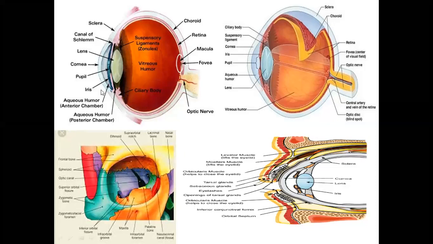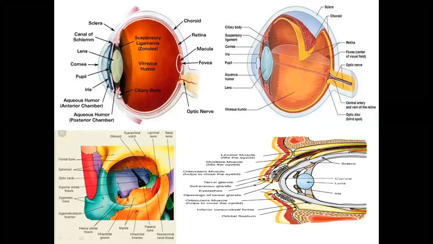It is a trabecular meshwork which contains the episcleral vessels, which absorb the aqueous humor and pour it into the blood circulation. Behind the iris, the lens and the zonular ligaments, this is the posterior chamber.